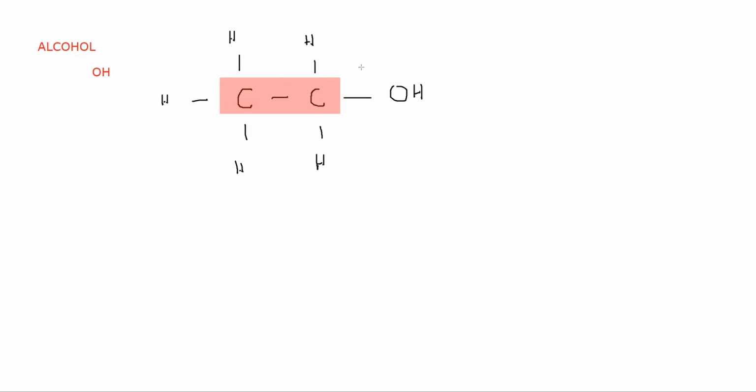Then we number the carbon atoms. Numbering should start from the nearest OH. If I number from the right hand side, this is the first carbon on the right and the second carbon on the left. If I number from the left hand side, first carbon is on the left. So which numbering should I follow? If I number from the right hand side, the OH is with the first carbon. So we should number from right to left.